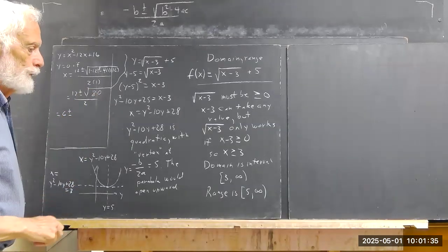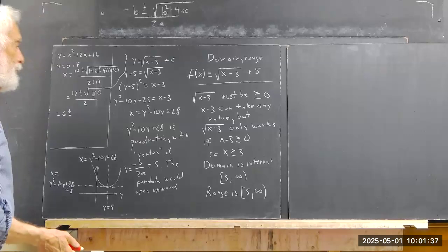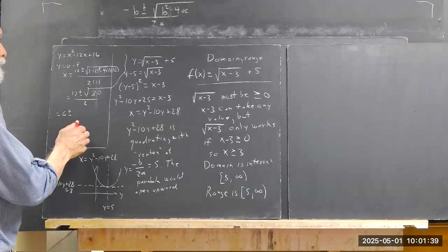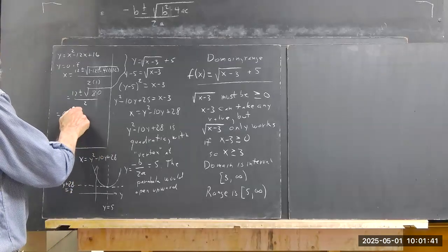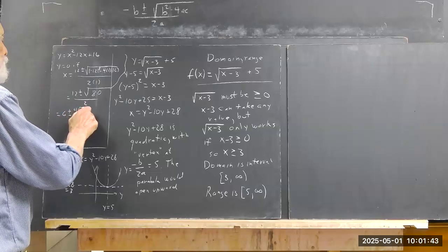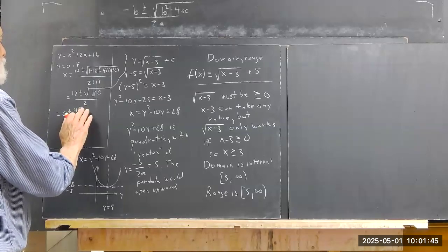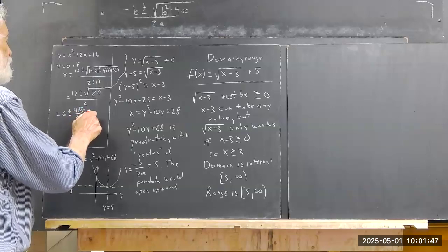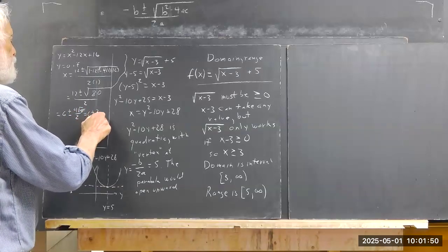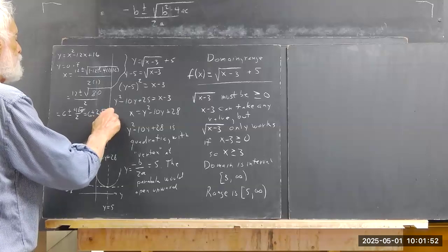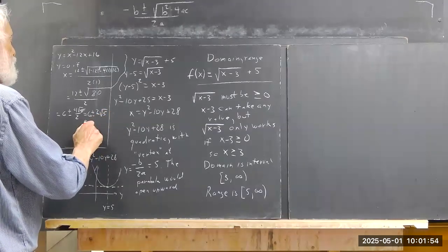root of 80 is the square root of 16 times the square root of 5, and the square root of 16 is 4. So that would be 4 square root of 5 over 2 equals 6 plus or minus 2 square root of 5.